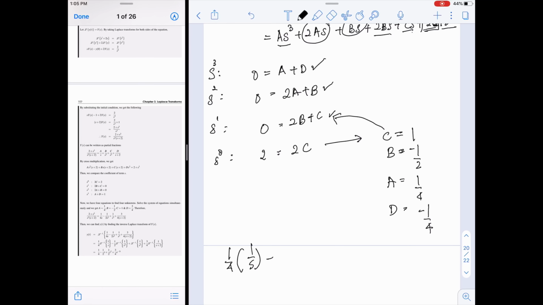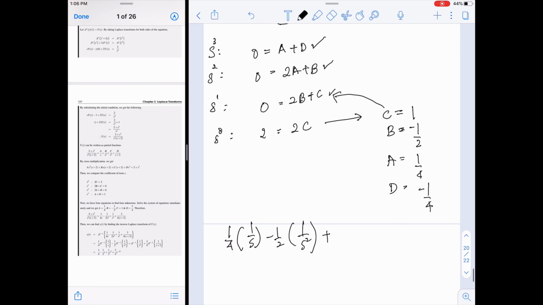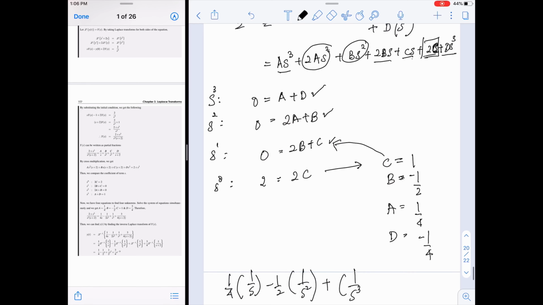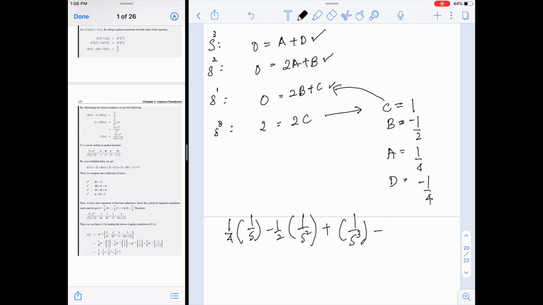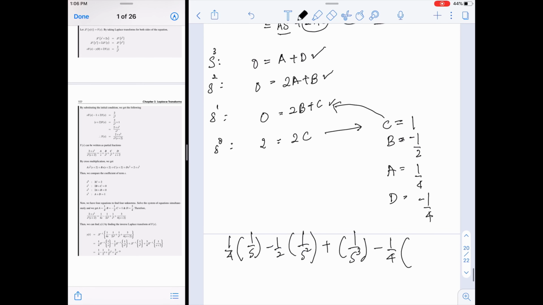B is negative 1 over 2 over s squared, and C is 1 over s cubed, and the last one D is negative 1 over 4, so you get 1 over s plus 2.